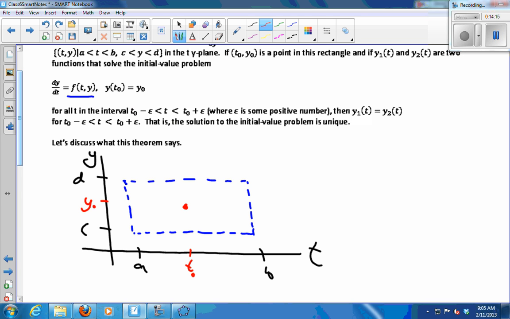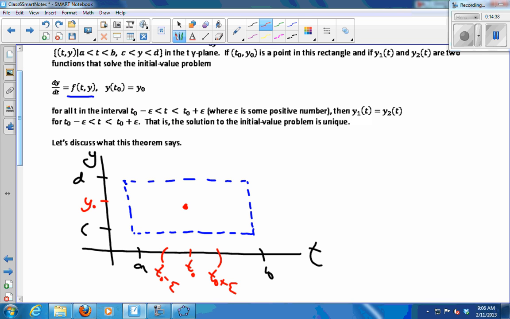So we already know by the existence theorem that a solution exists through this point in some small interval around t naught, some epsilon ball around t naught.